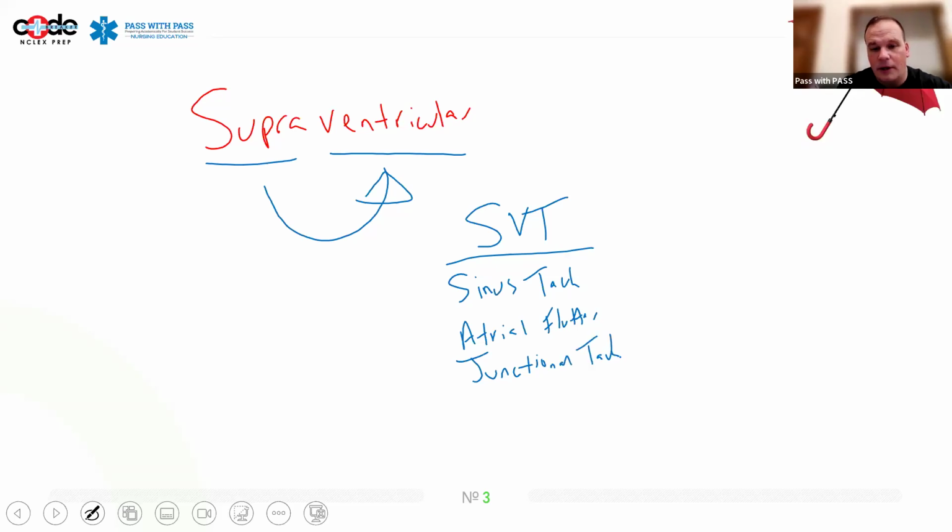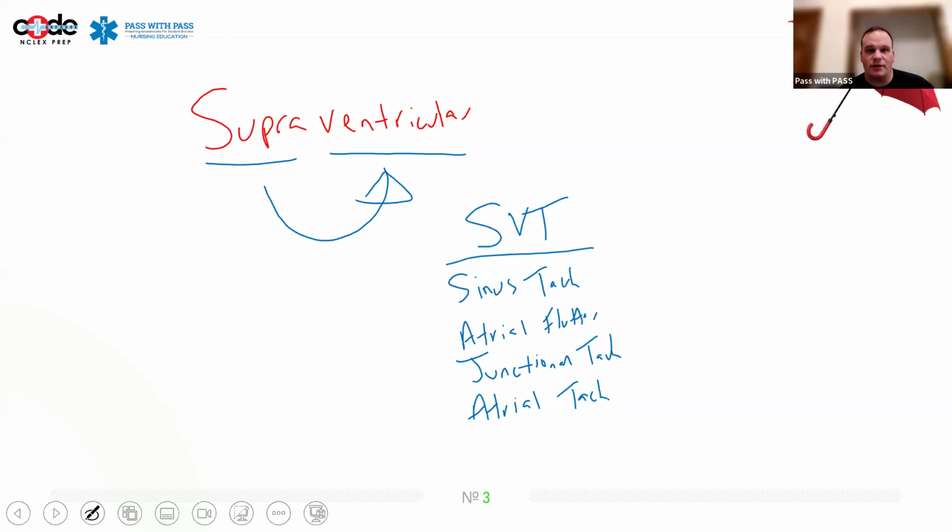Or it could be atrial tach. So the point is with SVT, it is a regular rhythm. My R to Rs are all marched out appropriately. They are all evenly spaced. It is a fast rhythm, meaning it's happening more than 150 beats per minute, and it is a narrow complex.